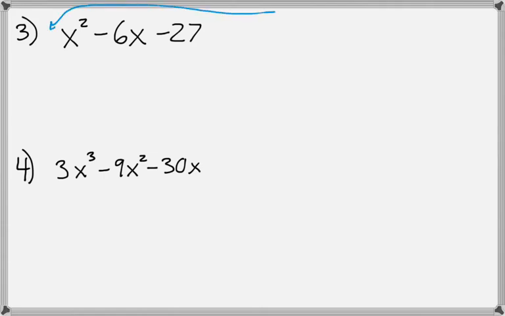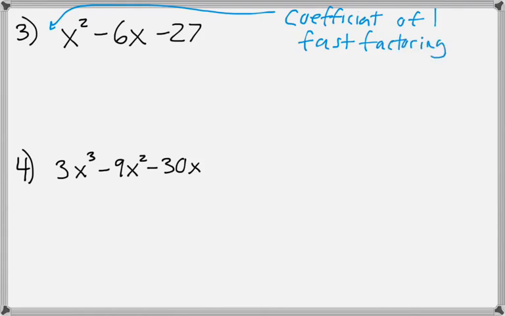So if you have a coefficient of 1, or you could just say no coefficient, we're going to do fast factoring. You could do AC on this one if you still want to. I'm just trying to show you an alternate way. And we can only do this if, again, there's a coefficient of 1 there.